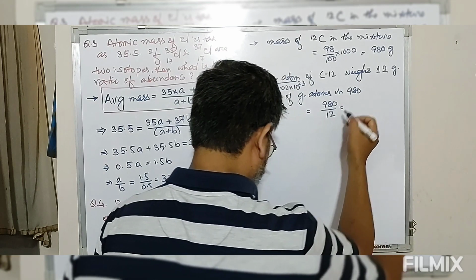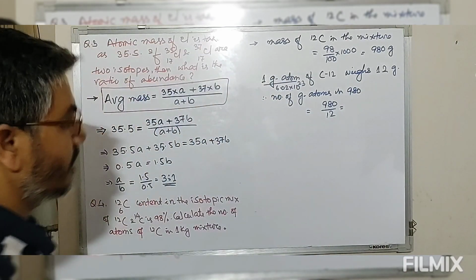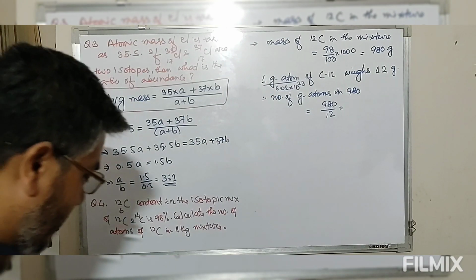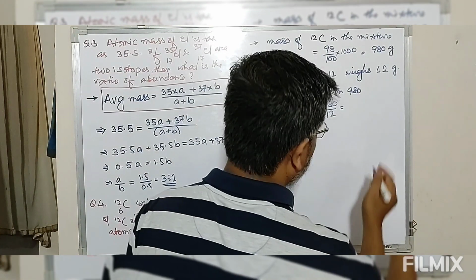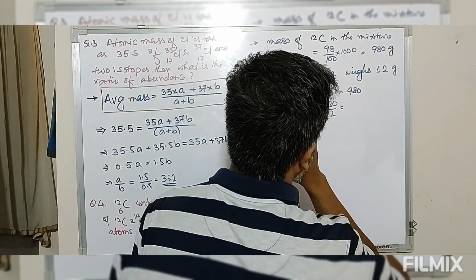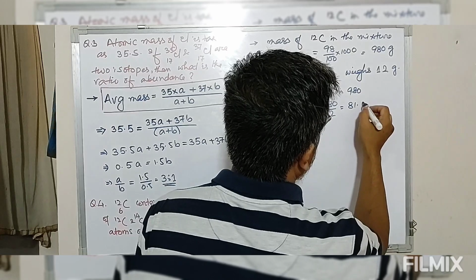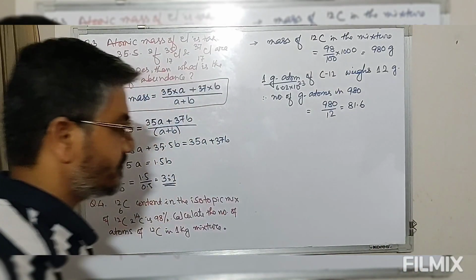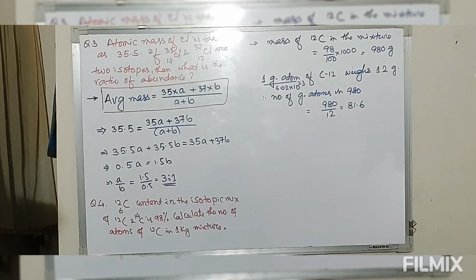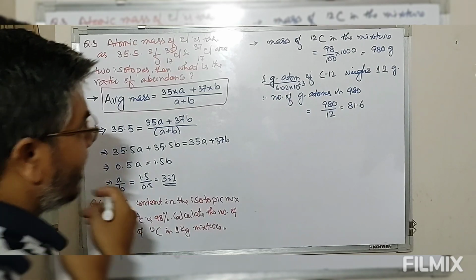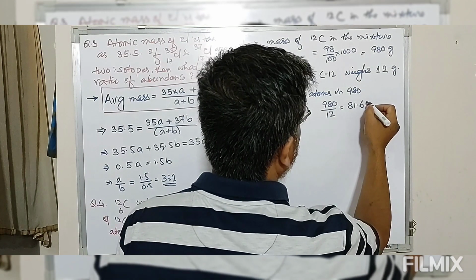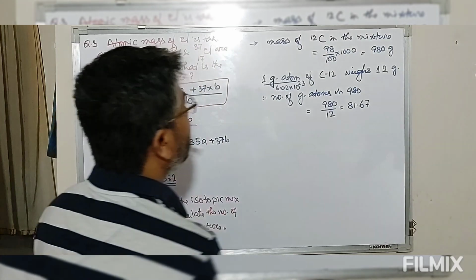So this comes out to be 81.67. So this is the number of gram atoms.